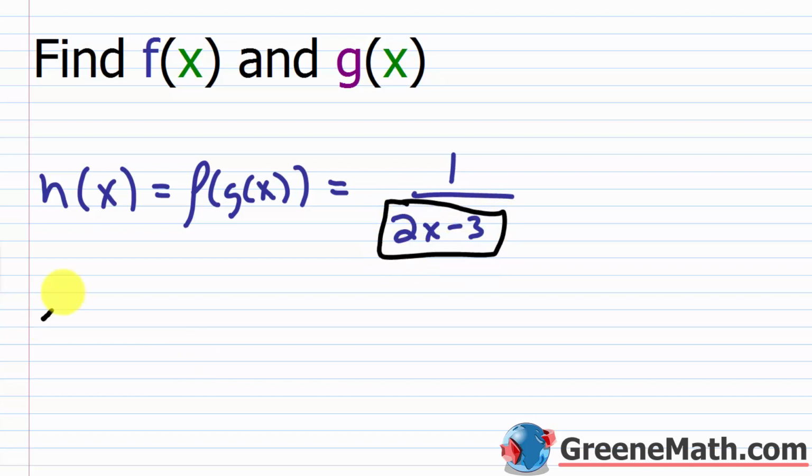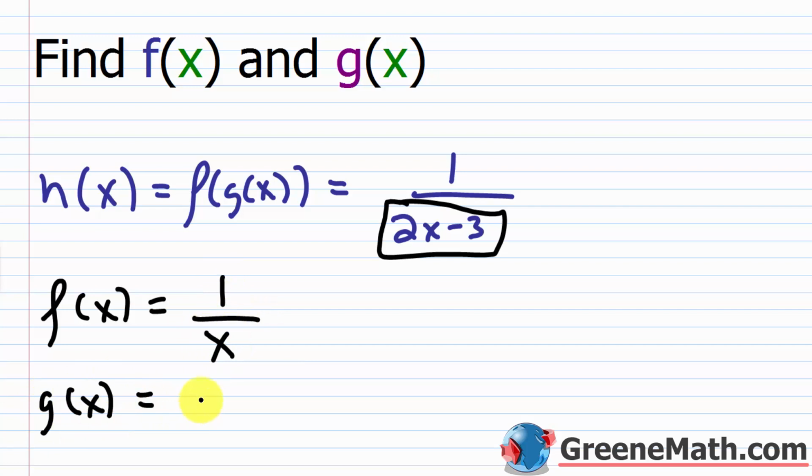Okay, so the outer function, the f of x, would be 1 over x. And the inner function, the g of x, would be what? It would be 2x minus 3. Okay, so if I took 2x minus 3 and I plugged it in for x in this 1 over x, I would get 1 over 2x minus 3. So that would be an answer here. So find f of x and g of x. F of x would be 1 over x. G of x would be 2x minus 3.